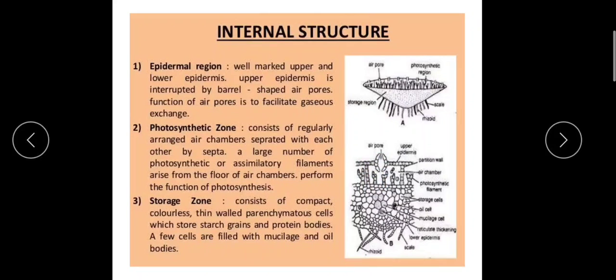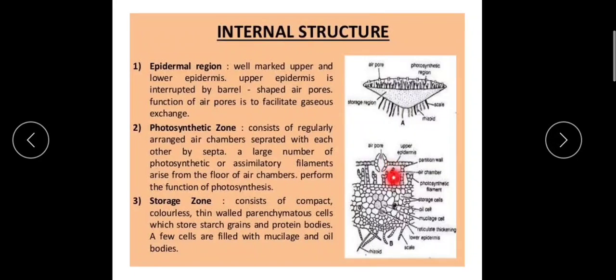Air chambers may be similar in their shape, and certain filament like arrangements you can see. They are the photosynthetic filaments containing the chlorophyll or chloroplast. So these filaments are formed of cells that are rich in chloroplast, and they are the photosynthetic filaments which arise from the base of these air chambers.